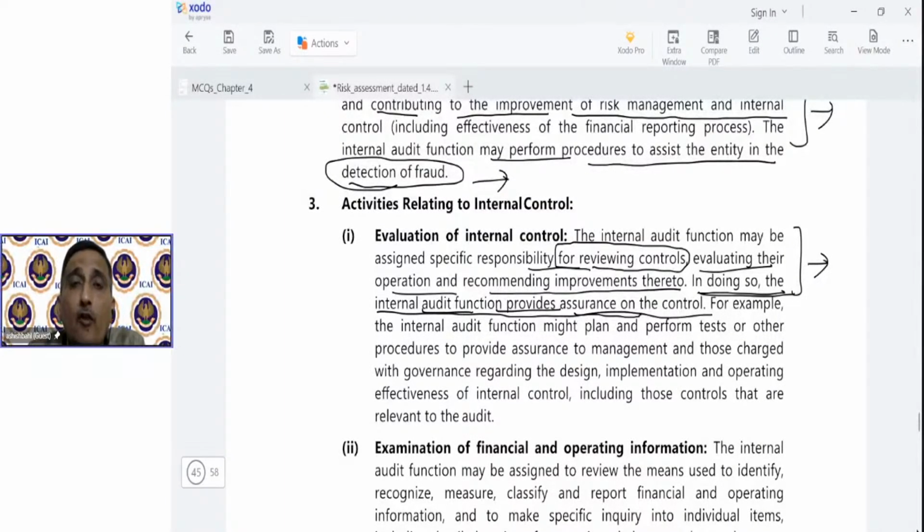What would an external auditor make out of a well functioning internal audit department? Tell me. Yes, he can communicate with the internal auditor. There is a separate standard in this respect on using the work of the internal auditor.